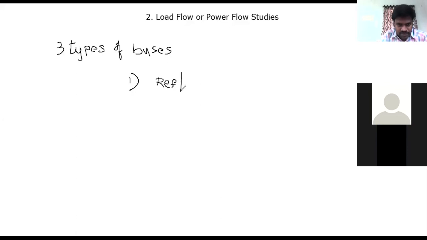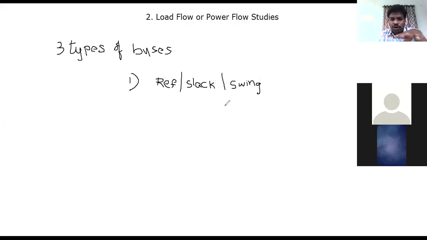Please carefully observe this: slack bus or swing bus. Out of the three buses, this is a very important bus, and this is the only one bus in any power system. Even though your power system has n number of buses, out of those n buses, you must consider one bus as a reference bus or slack bus or swing bus. That is the only bus available, one and only one bus in any power system.